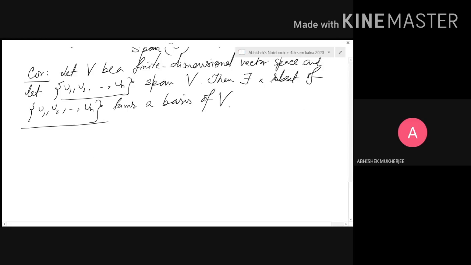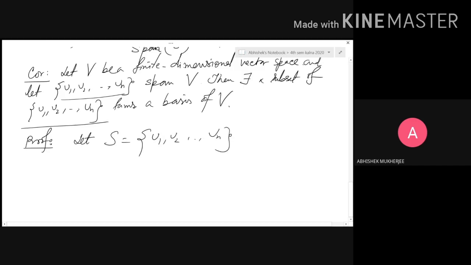The process is very simple, but we need to look at this very minutely. Firstly, let S be equal to {V1, V2, ..., Vn}.